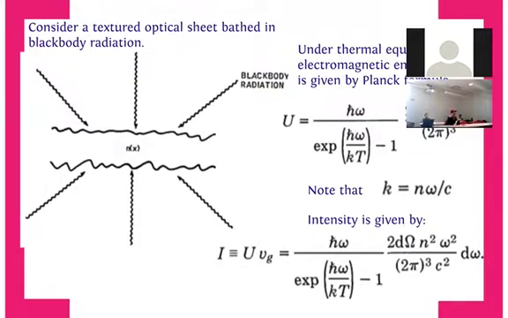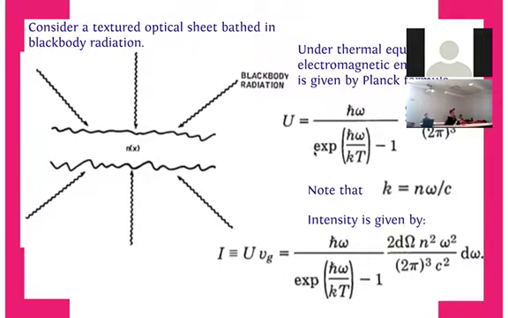Under thermal equilibrium, the electromagnetic energy density, which is the energy per unit volume within this material, which can be a solar cell for instance, is given by Planck's formula: U equals h bar omega divided by exponent of h bar omega by kT minus 1.